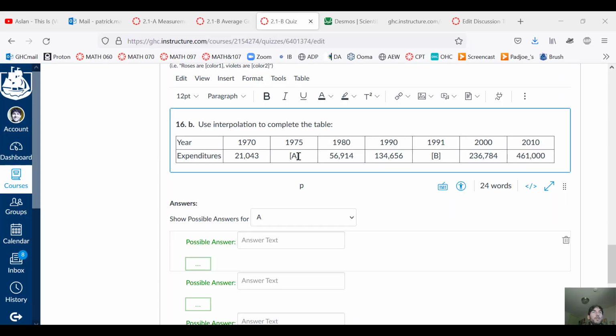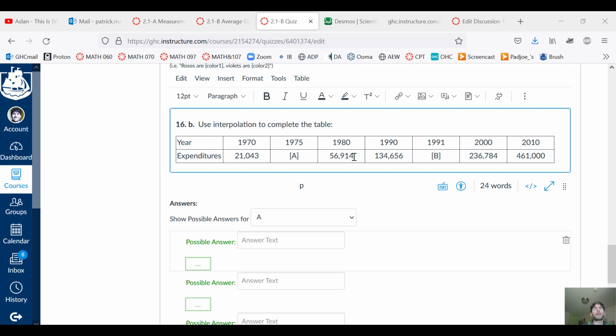Hi everyone, in this video we use interpolation to complete the table. College expenditures for all colleges and universities in millions of dollars in the entire country in 1980 was $56,914 million.